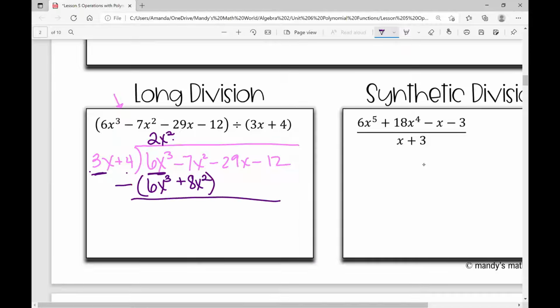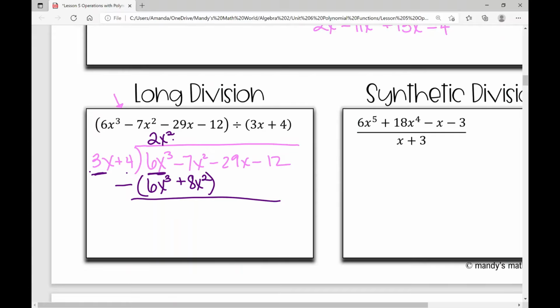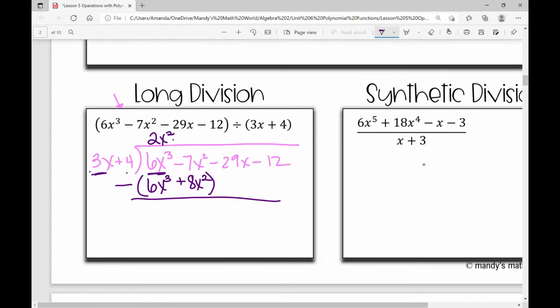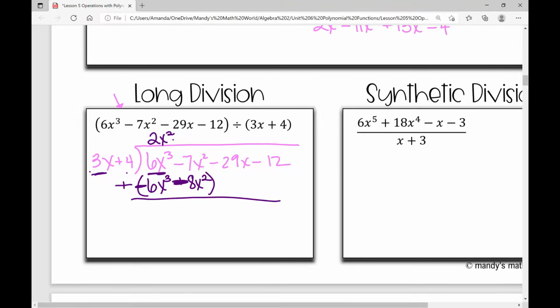I like to put the parentheses there because, just like when we subtracted polynomials earlier, you distribute this negative into each term inside the parentheses. So this becomes negative 6x cubed and negative 8x squared. These cancel. Negative 7x squared minus 8x squared is negative 15x squared.